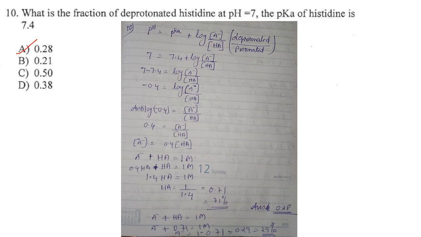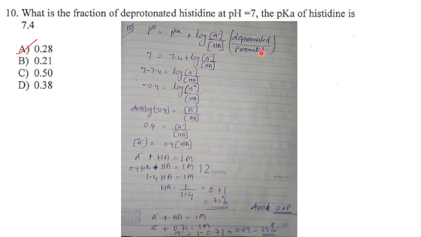Then next one. What is the fraction of deprotonated histidine at pH 7? The pKa of histidine is 7.4. So you know the Henderson-Hasselbalch equation. pH is equal to pKa plus log concentration of A minus by concentration of HA. That is the concentration of deprotonated form divided by protonated form.